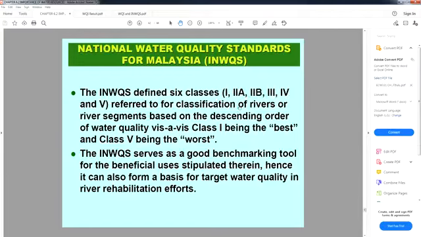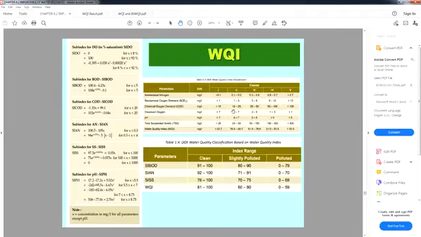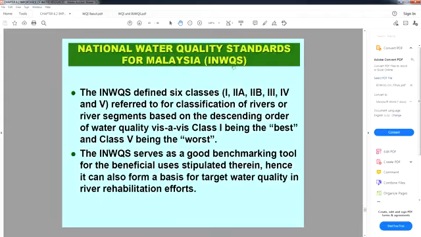So the difference is that for WQI, it only has class 2, dia tak ada class 2A, 2B. So 1, 2, 3, 4, 5. That is WQI. But for INWQS, dia ada class 1, class 2A, class 2B, class 3, class 4, and class 5. So class 1 being the best and class 5 being the worst.